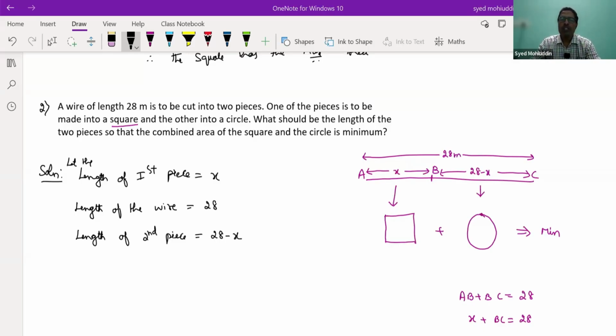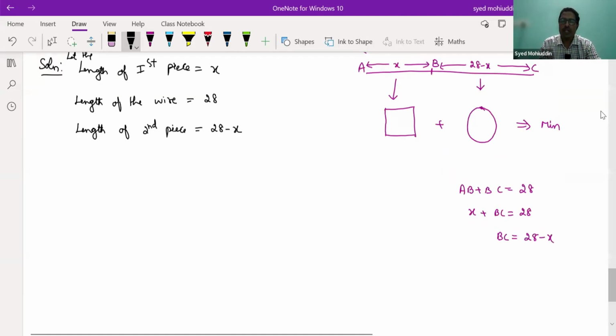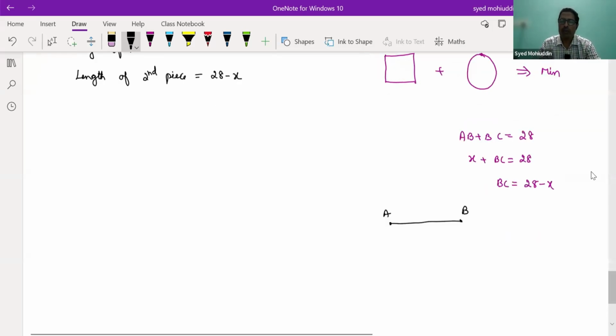When you convert this X length into the square, what should be the side? This length AB we have taken, right? From AB, you are making a square, right?